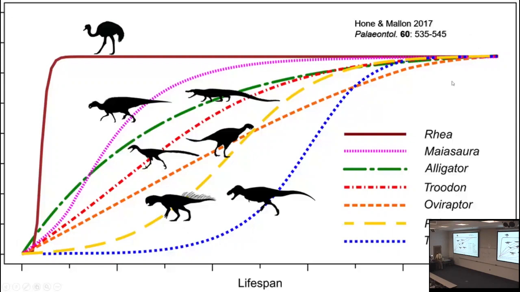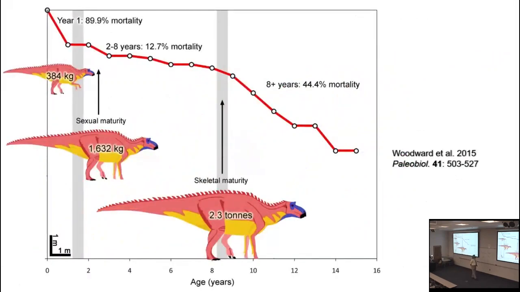Non-avian dinosaurs seem to have had just a small fraction of their life at full body size. And like many modern animals, there's a high rate of mortality when they're very young, but not a super high rate of mortality for a wild animal in later parts of life.